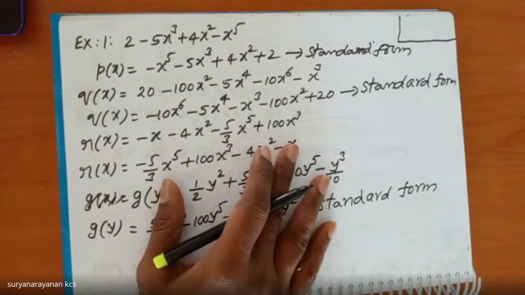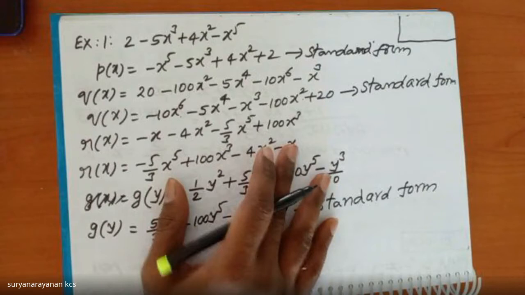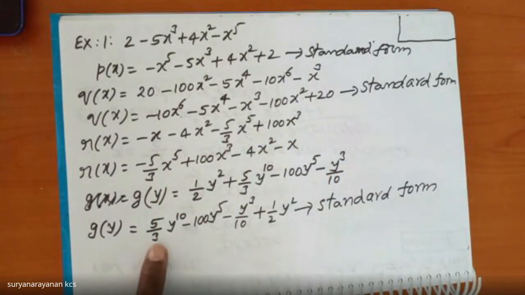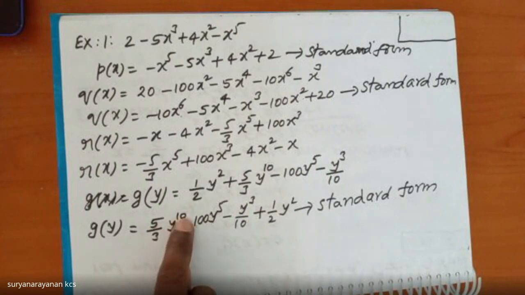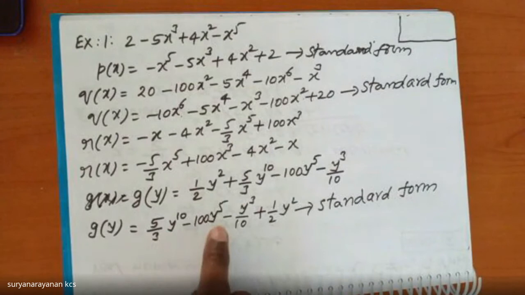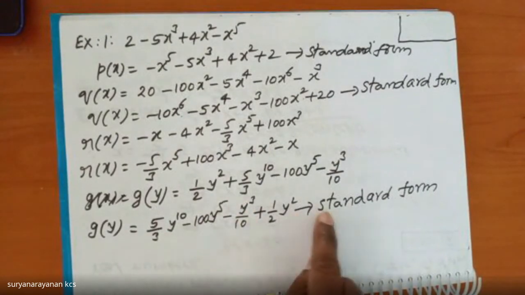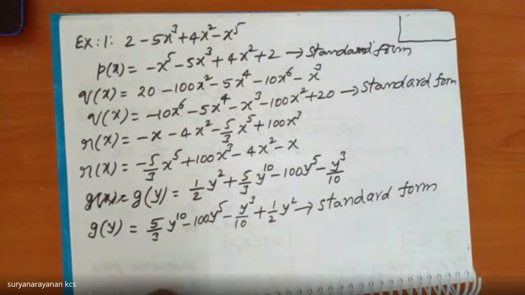Wherever you are writing a polynomial, it should be in the standard form. Standard form of a polynomial means we have to arrange the terms of the polynomial in the descending order of the powers of the variable. So y power 10, y power 5, y cube, y square, y, and so on, like this.